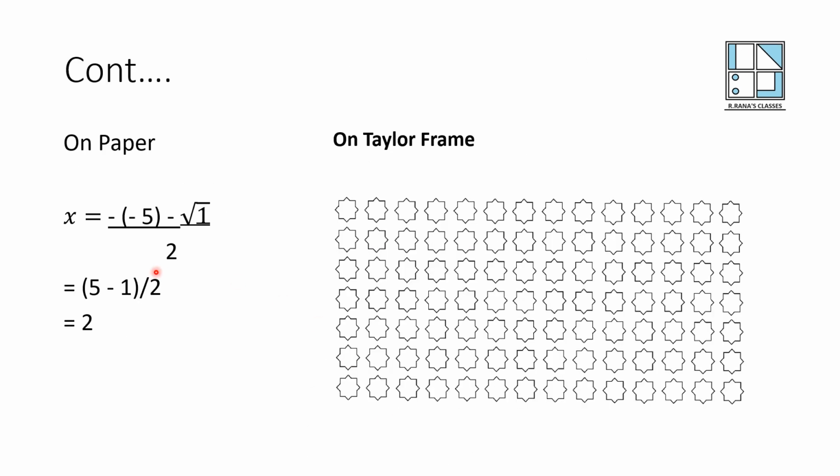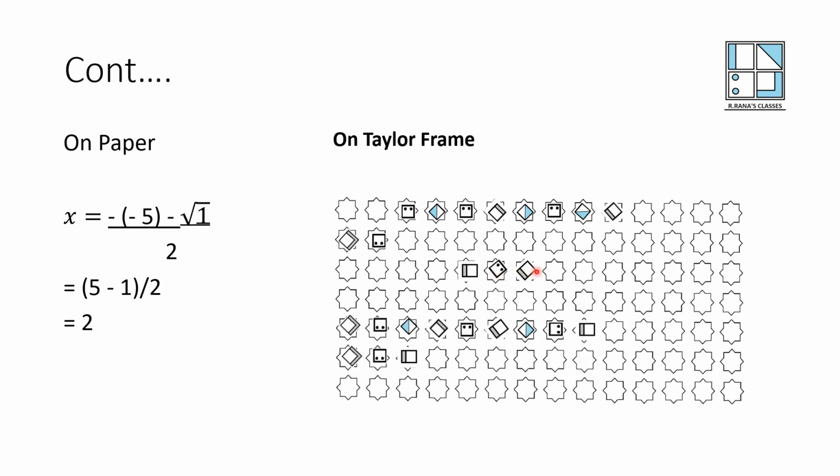Similarly, second root is minus brackets open minus 5 brackets close minus root of 1. This time it is minus d. Only difference is this, divided by 2a, which is 2. And on solving it, we get 5 minus 1 upon 2, which is 4 upon 2 and 2. On Taylor frame, x is equal to minus brackets minus 5 brackets close minus now square root of 1 divided by 2 into a, 2 into 1.